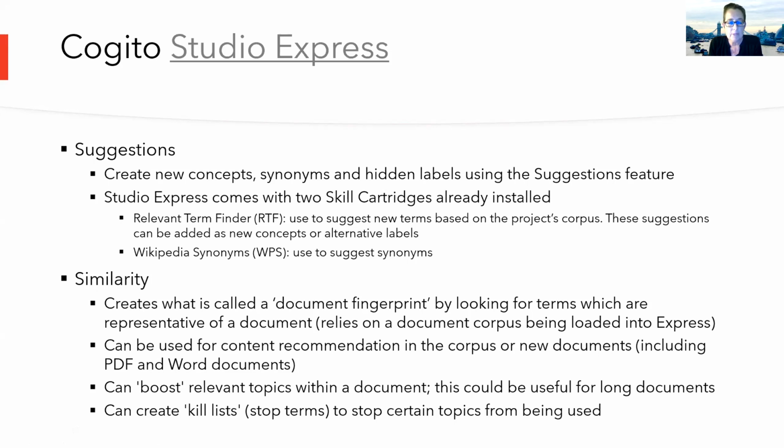That can then be used for content recommendation in the corpus, or if you load up new documents, it recommends that this content matches the fingerprint of the content you already have. So maybe you want to use the same thesaurus terms for classification. You can also use it to boost relevant topics within the document, which would be quite a useful feature if you've got very long articles, and to create kill lists of stop terms.